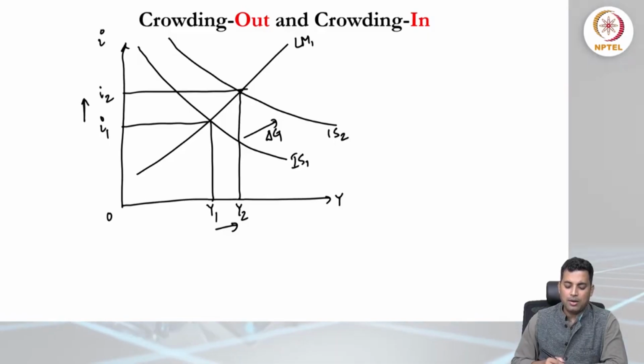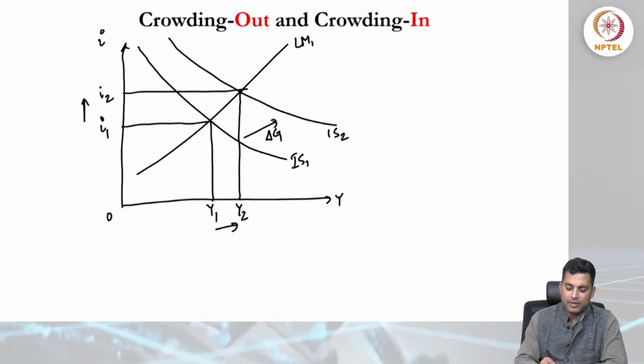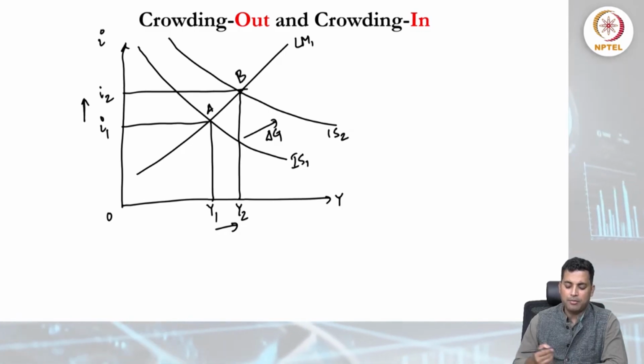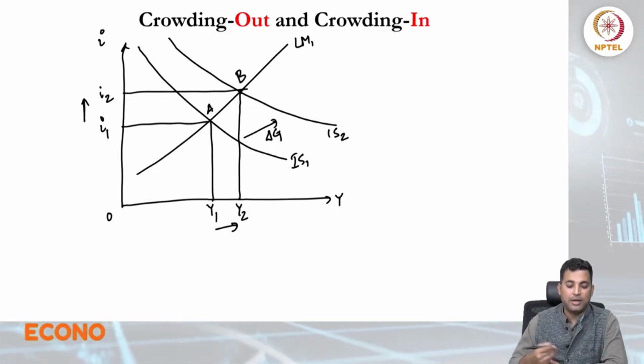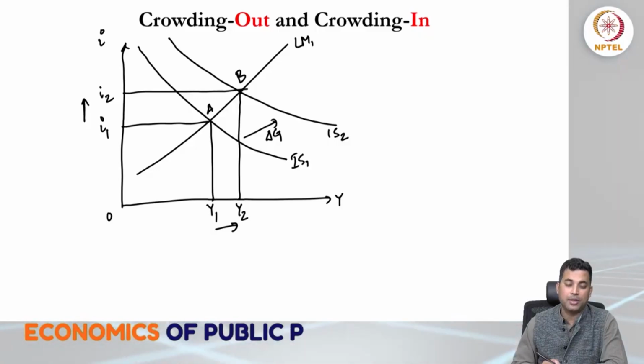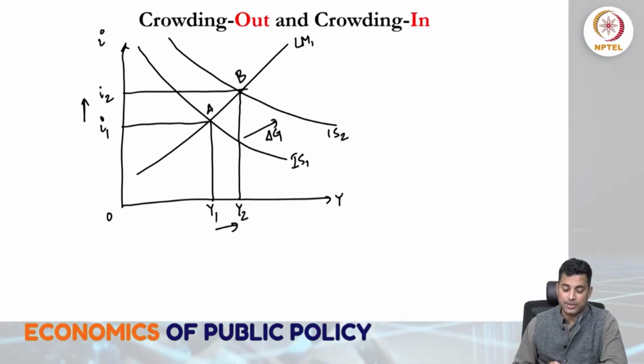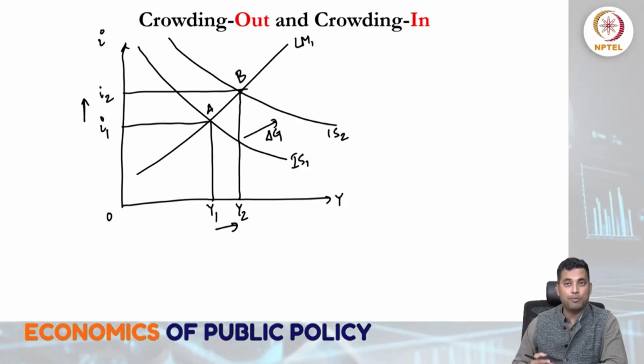So now the new equilibrium from A to B. At B, rate of interest is high and overall output also is high, but then there are two possibilities here.